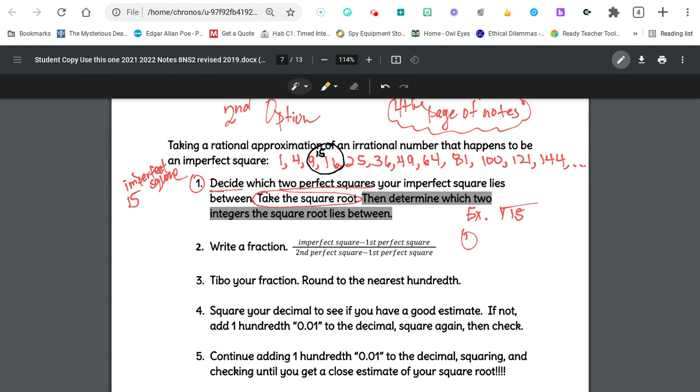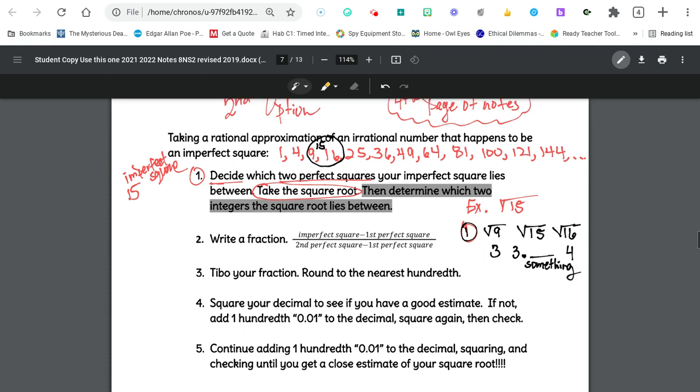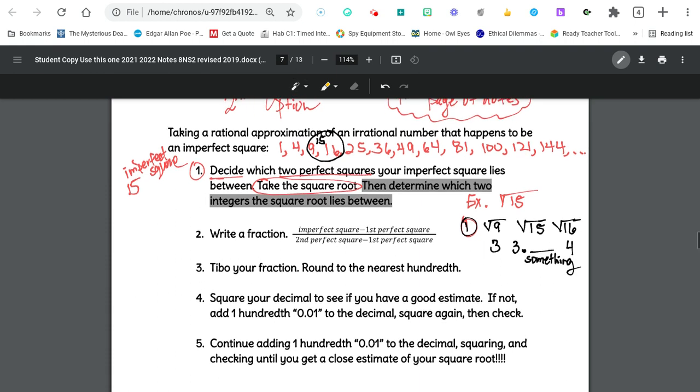Those are the 2 perfect squares, 9 being the first perfect square, 16 being the second perfect square, and 15 being the imperfect square. So that's how I set up step 1. I take the square root of it. The square root of 9 equals 3. The square root of 16 equals 4. So that must mean that the square root of 15 is 3 point something. Okay? All right, so that's step 1.